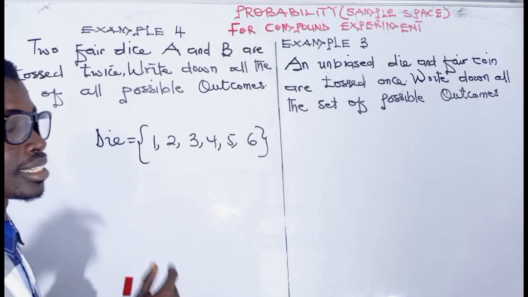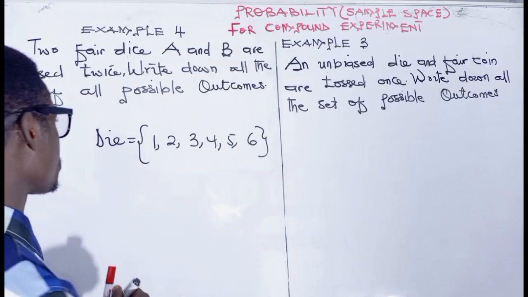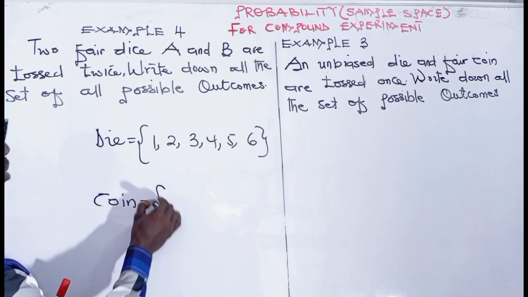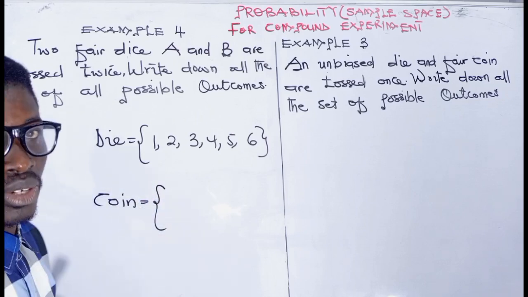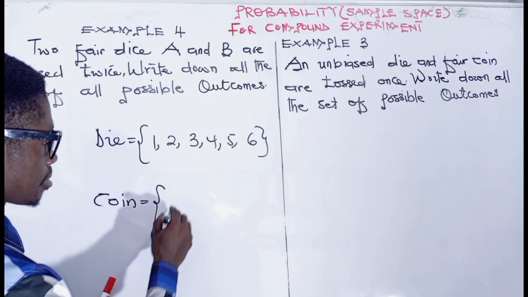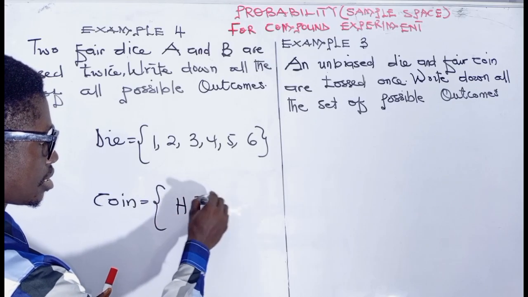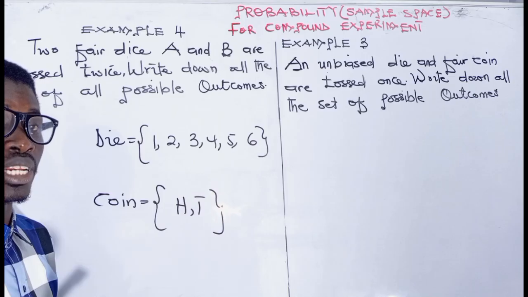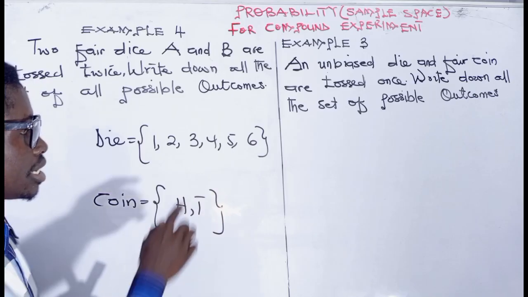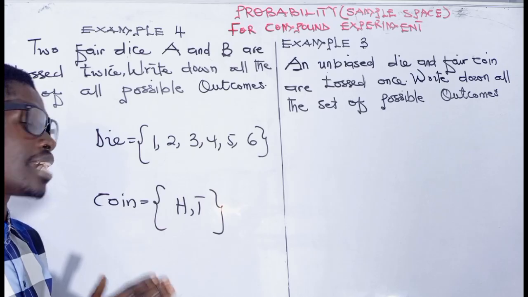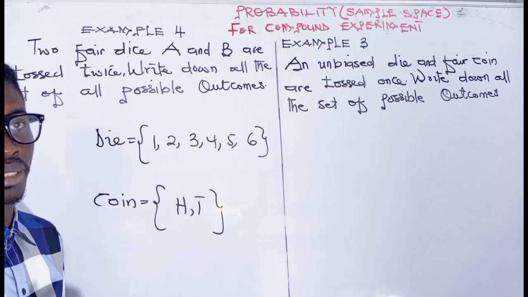This is also known as the sample space. Now when a coin is tossed once, we are either going to get a head or a tail. So this becomes the sample space when a coin is tossed once, and the other is the sample space when the die is tossed once.